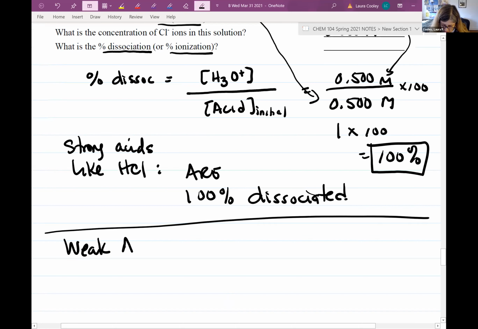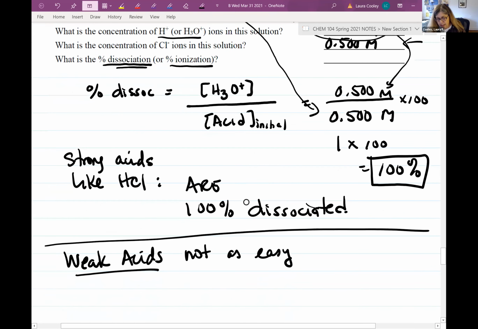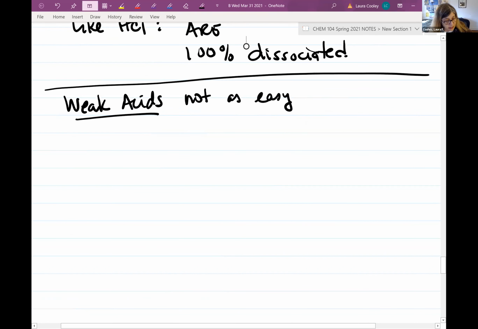Weak acids. It's not as easy. It's not as easy to figure out the percent dissociation. It's also not as easy to figure out how much of the H3O plus you have in that solution. Okay, weak acids are much more interesting.